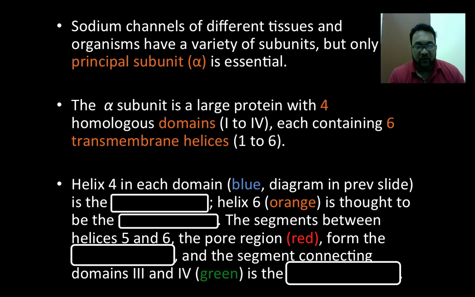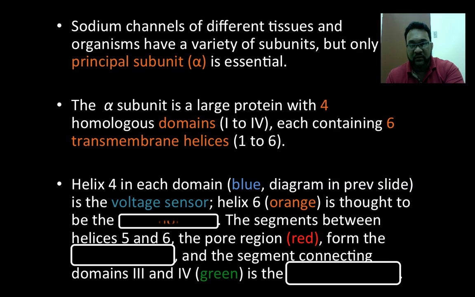Now the helix 4 in each domain, and in the previous diagram it was blue in color, is the voltage sensor, correct? And helix 6 is thought to be the, so you should have said, the activation gate.